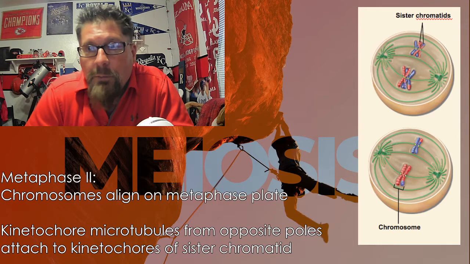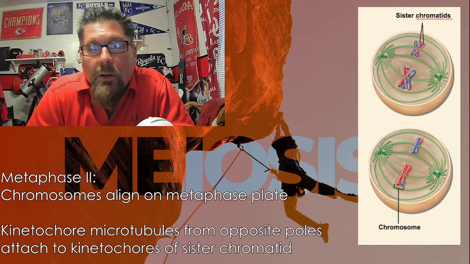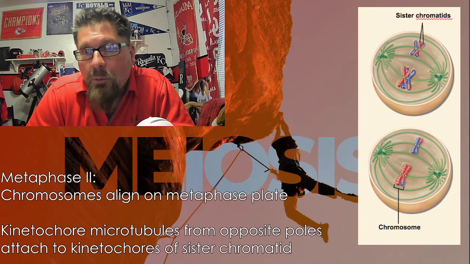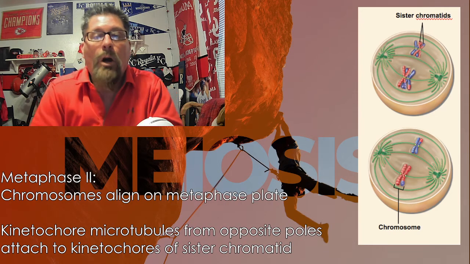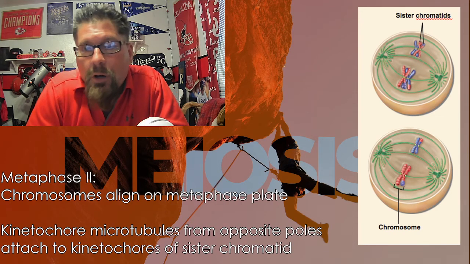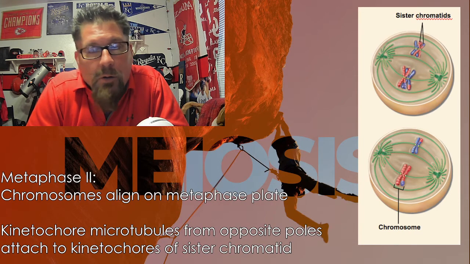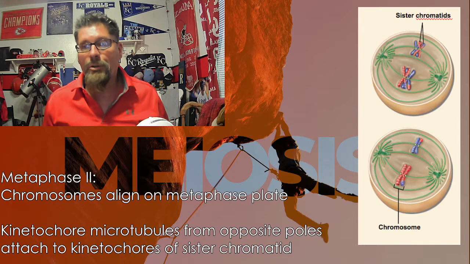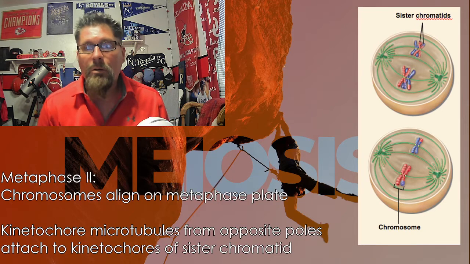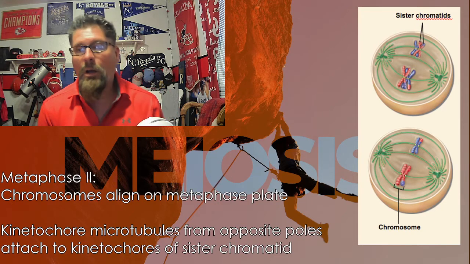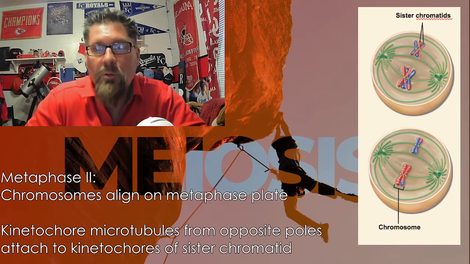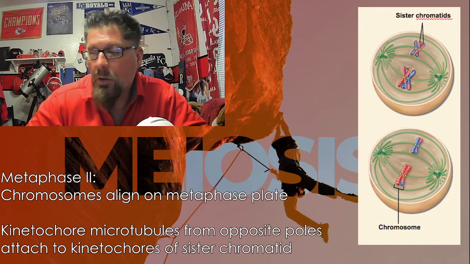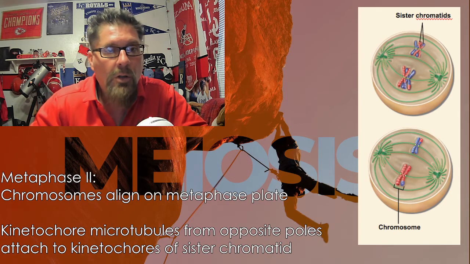So you can see in metaphase 1 we had the homologous pairs of chromosomes, but now we just have the 1 chromosome with the sister chromatids. But again, those spindle fibers, moving them to the middle, and of course they're attached, and eventually will snap and pull those sister chromatids towards the poles.